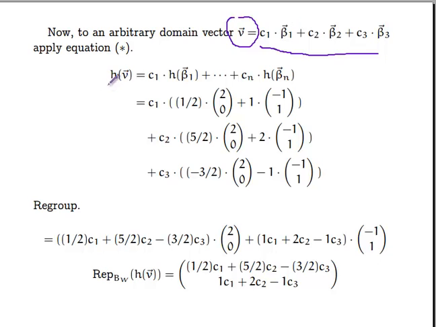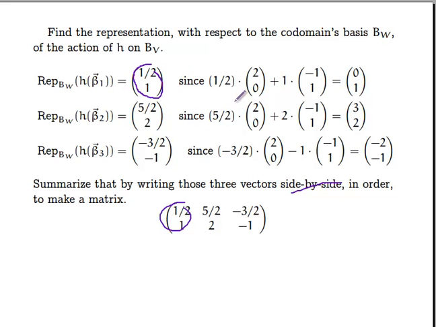So the linear transformation acting on V is going to be the same linear combination acting on the image of the basis vectors. Here, of course, n equals 3 because there are only 3 basis vectors. Right? So C1 stays the same. Now, what's h of beta 1? Well, we computed that on the previous page to be this. You can go back there and see. That was just computed right here.